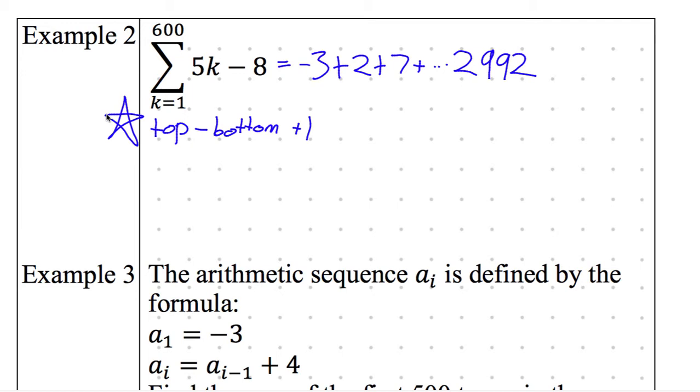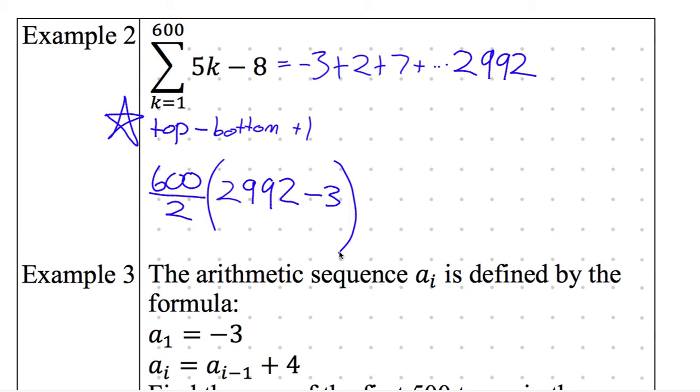So it'd be 600 divided by 2 times... first plus last.